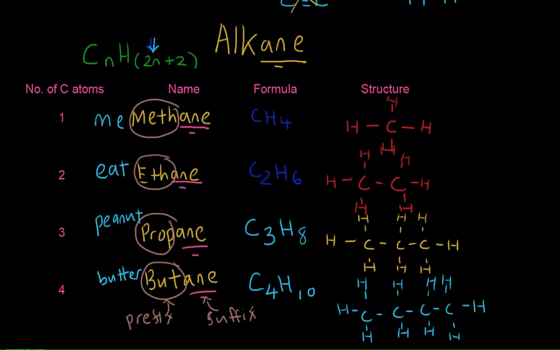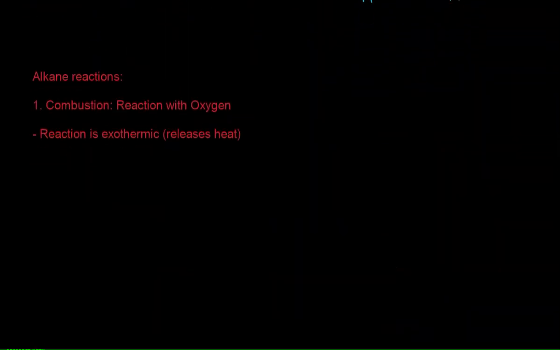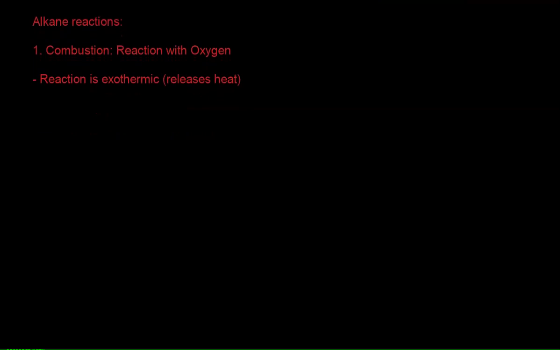The final part is alkane reactions. There are two reactions for alkane. First one being combustion. Remember we talked about combustion as the burning of fuels in the overview for this chapter. So combustion is really just reaction with oxygen. There are two types, remember.